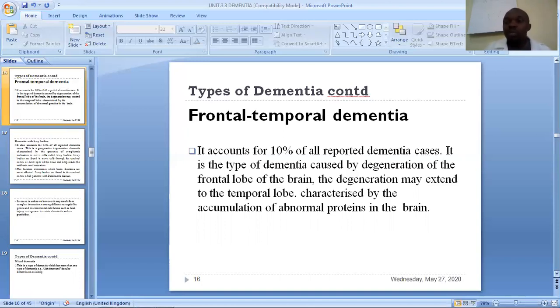And this leads to someone developing dementia. So because of the areas of the cerebrum affected being the frontal and the temporal parts mostly, hence the name frontotemporal dementia.